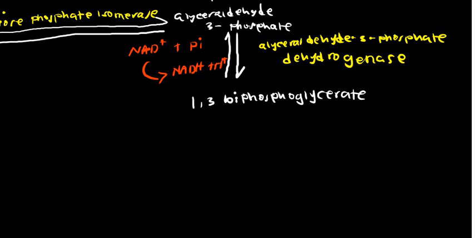Then again this one gets converted. This is also a reversible reaction. So this one is converted to 3-phosphoglycerate. Here the enzyme will be phosphoglycerate kinase.